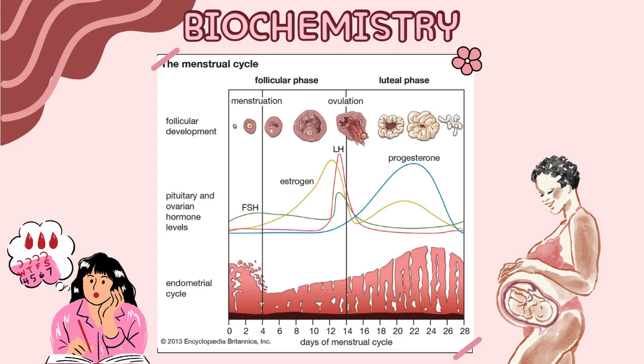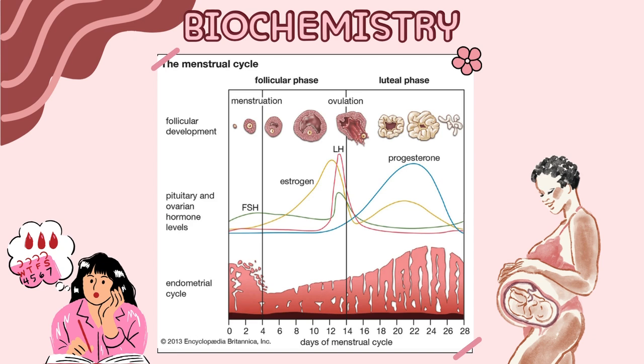This will only occur if there is no fertilization. This process is called menstruation or a period, where hormone levels of estrogen and progesterone are low, which causes symptoms like cramps, fatigue, and mood changes. So, the second phase is the follicular phase, where the pituitary gland will release follicle-stimulating hormone, FSH, that will stimulate the ovary to produce several follicles.